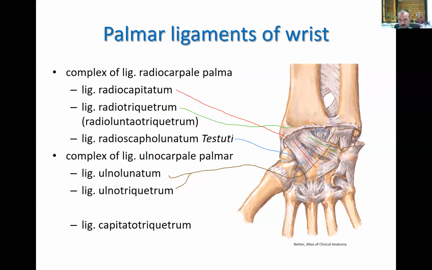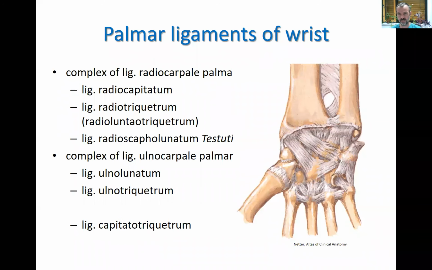And the last ligament shown here and clinically interesting is the capitotriquetrum ligament, which is this one. So that's the clinical point of view, but I said it is not necessary for you to know all these ligaments on this slide by heart.